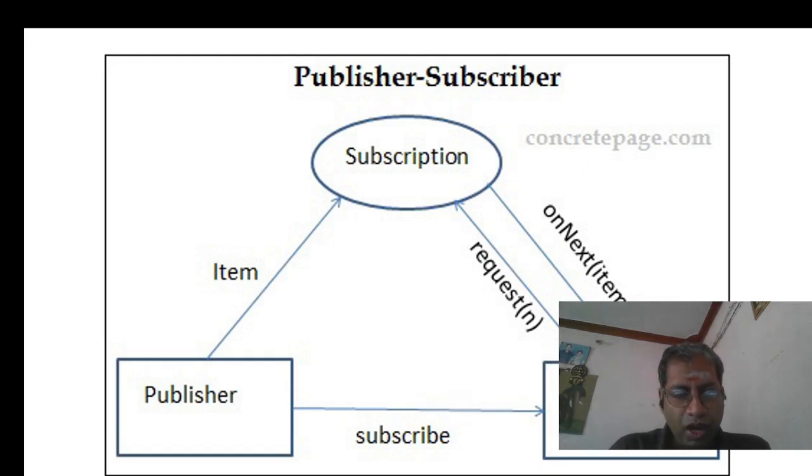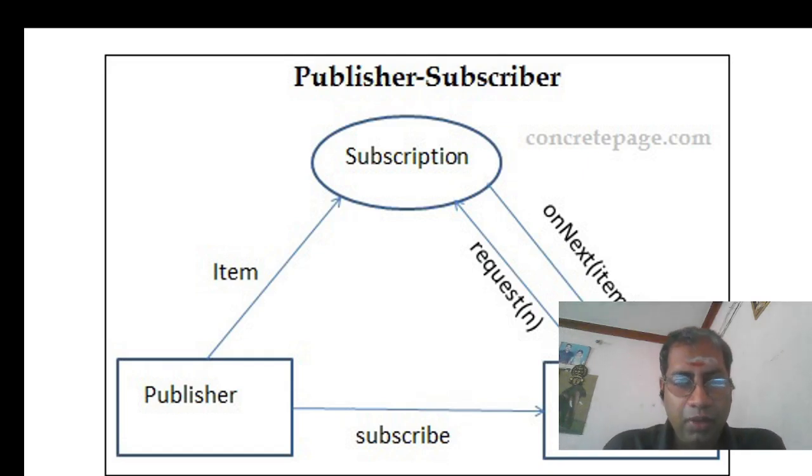It uses the subscribe method on the publisher, passing the subscriber instance. The publisher accepts the request and uses the onSubscribe method on the subscriber to hand over the subscription instance to the subscriber. At this moment, all transactions happen on the subscription object.